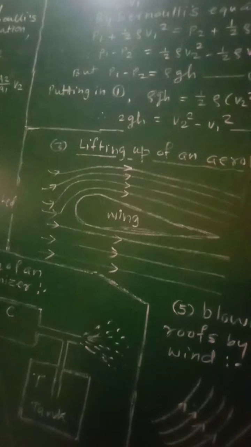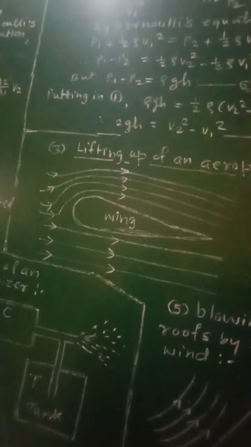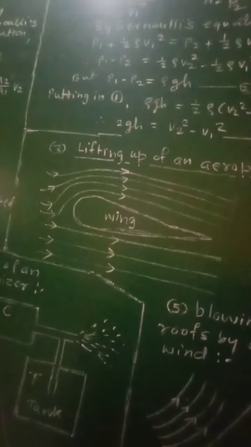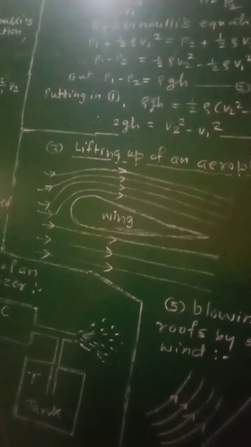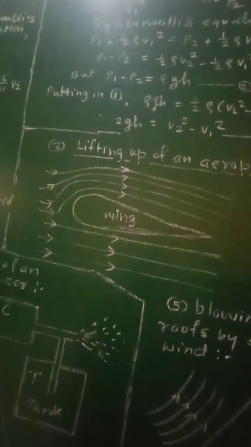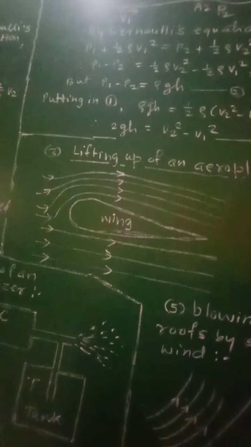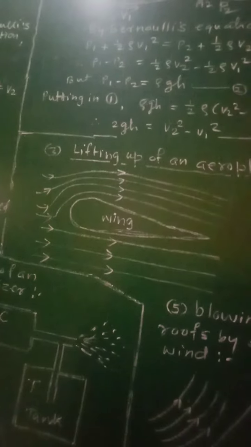Thus the air above the wings moves faster than below the wings. As per Bernoulli's principle, the pressure above the wings decreases and below the wings increases. Due to this pressure difference, a resultant upward force called dynamic lift acts on the bottom of the wings. When this force becomes greater than the weight of the aeroplane, the aeroplane moves up.